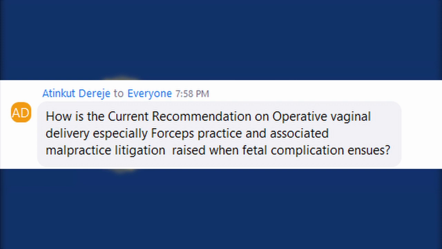But the skill of operative vaginal delivery is still recommended in Ethiopia, and everyone should know and learn about it, because there are strict rules. As long as we follow the prerequisites and the indications for operative vaginal delivery, and the woman gives consent, since complications are also there, it is still recommended and preferred.